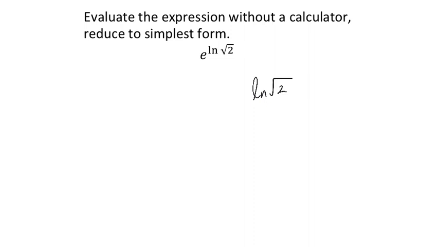In fact, maybe I'll do this two ways, but I want to do this first. So the natural log of the square root of 2 would be a log base e of the square root of 2, and we'll make it equal x again. And again, this would be the exponent of our original Euler's constant, so that'd be e to the power of x equals the square root of 2.